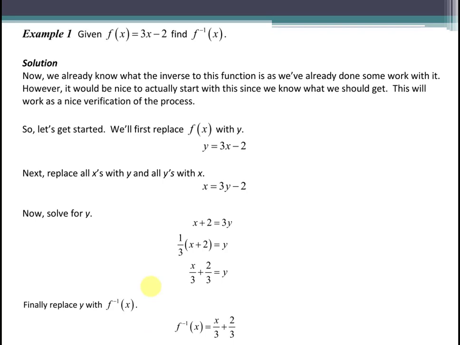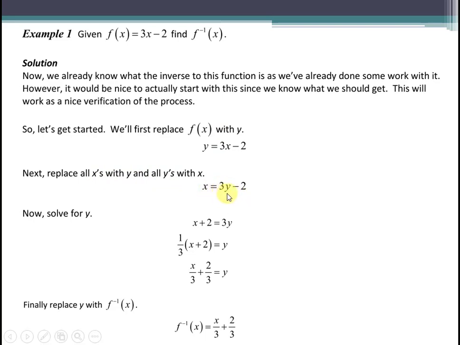Let's consider first example. Given f of x is equal to 3x minus 2, find f minus 1 of x. Solution. So let's firstly replace f of x with y. Next, replace all x with y and all y's with x.